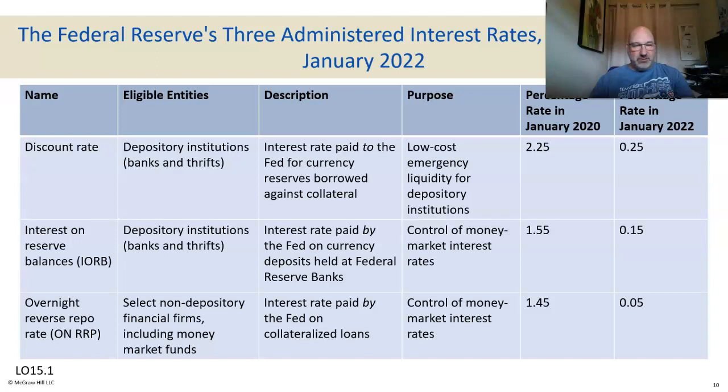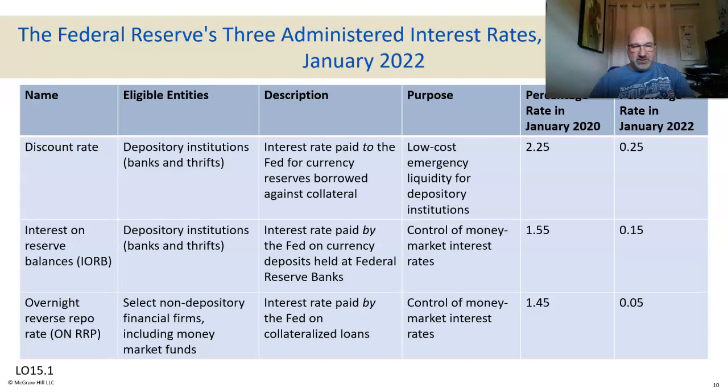The three administered rates, January 2020 and 2022. Discount rate, interest paid to the Fed for currency reserves borrowed against collateral: in January 2020, it was 2.25; January 2022, it was 0.25.